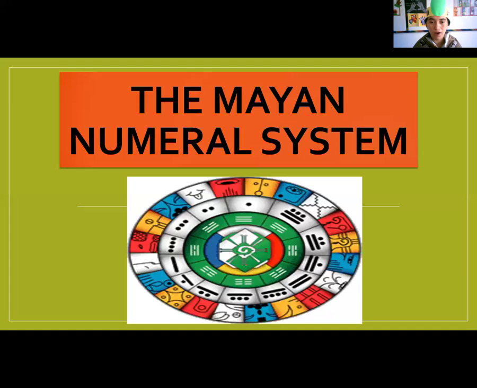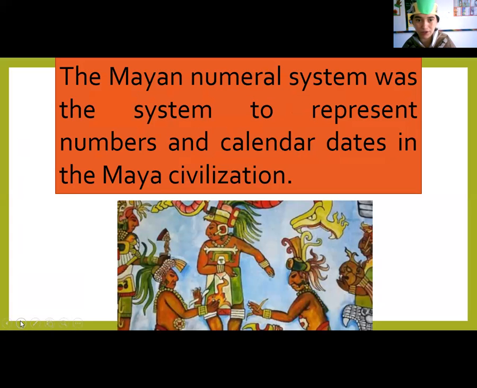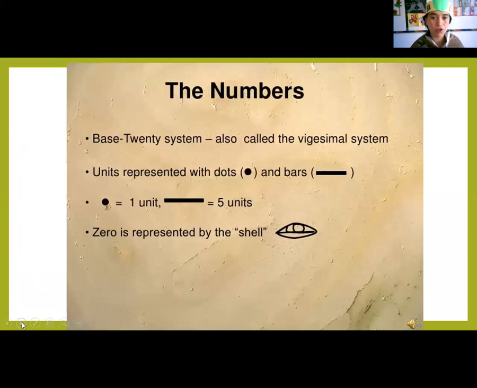So the Mayan numeral system was the system to represent numbers and calendar days in the Mayan civilization. Remember that they established the numeral system to establish their numbers and calendar days in their Maya civilization.